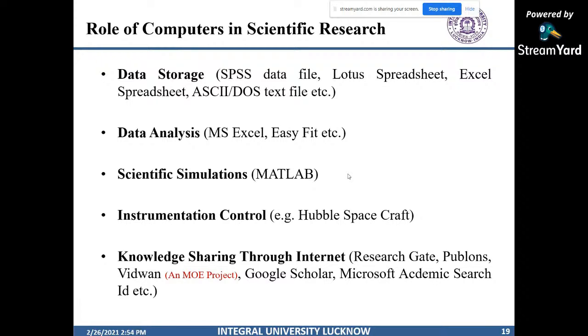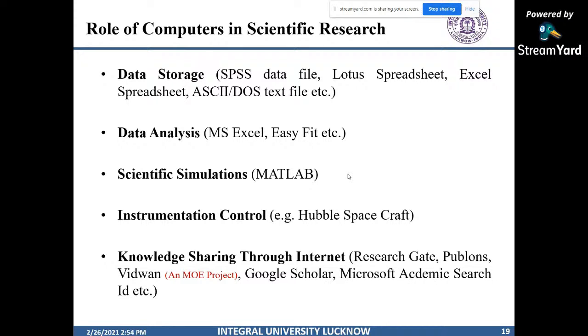Like in genetic engineering, computers have made the sequencing of the entire human genome possible. Data from different sources can be stored and accessed via computer networks set up in research labs. Suppose you are getting data from various sources.